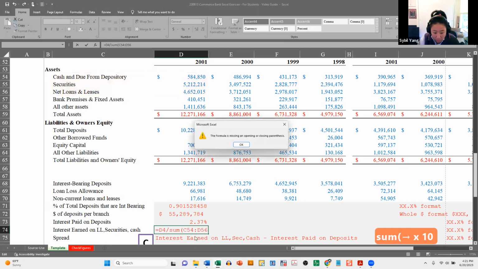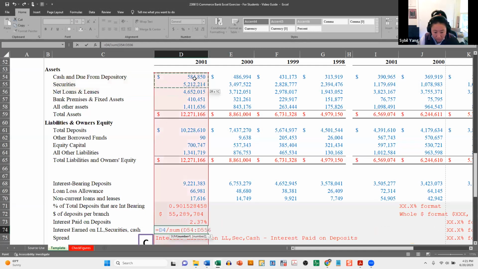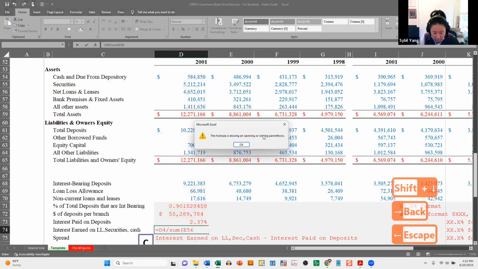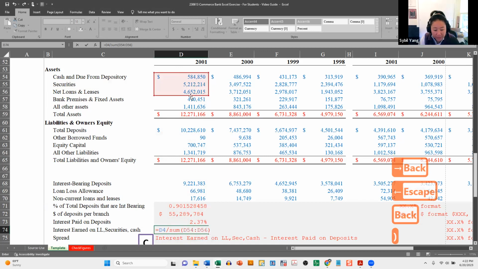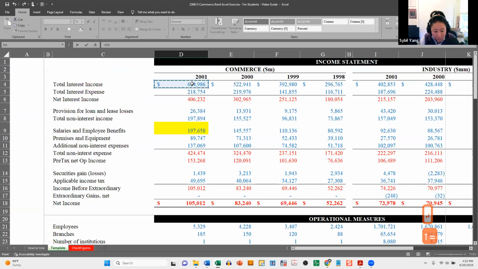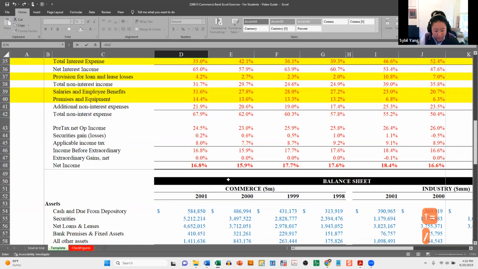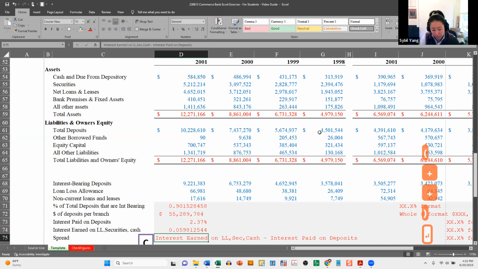Sum of these. I can do it this way, or I can also do equals that interest income divided by, open parentheses, because remember, order of operations, I can literally select plus, plus, plus, close parentheses and enter, right?